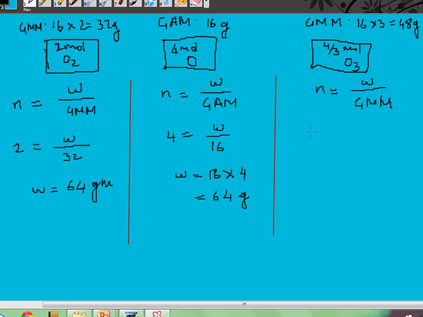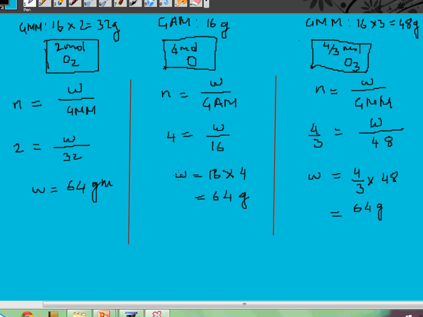So number of moles is equal to 4 by 3. Given mass is what you have to calculate, let's say W, and gram molecular mass you know is 48. So W comes out to be 4 by 3 multiplied by 48, that is again 64 grams.